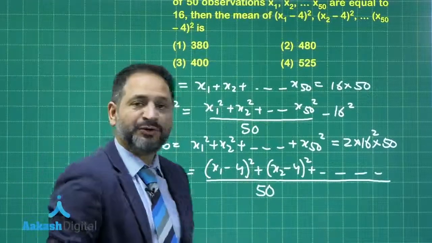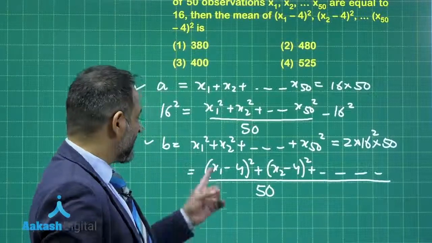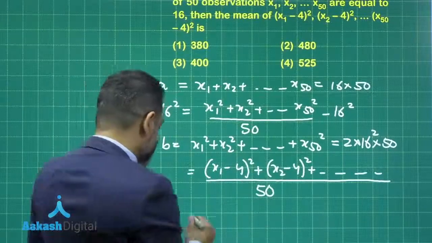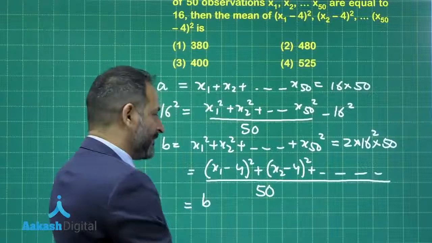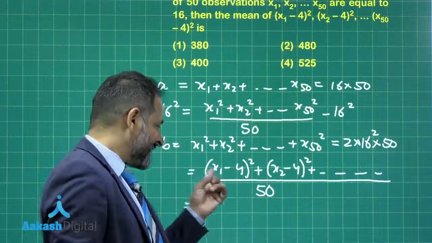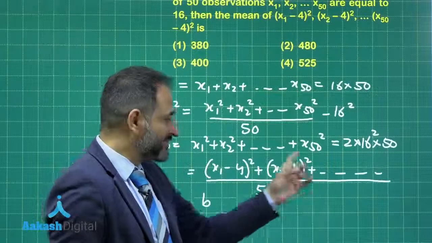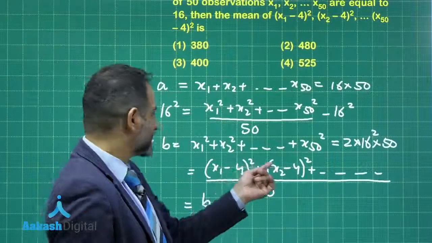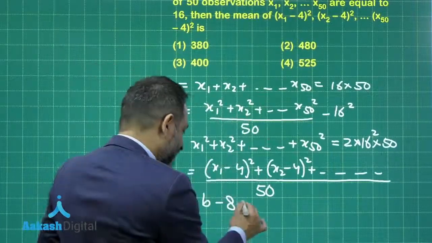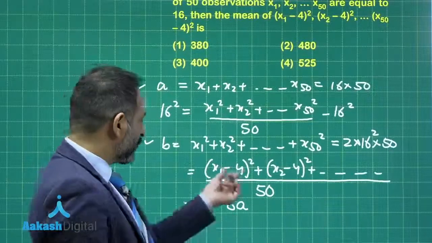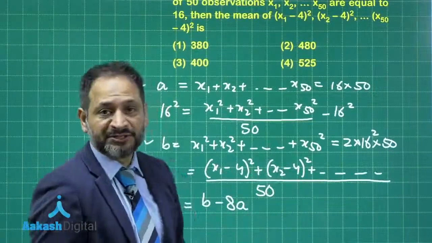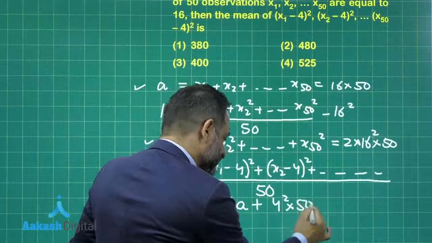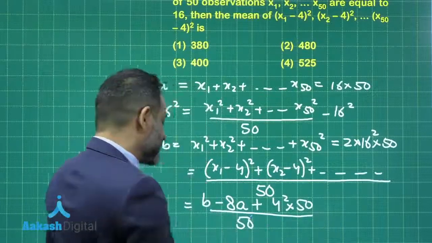If you expand the numerator, you will get x1 square, x2 square, and so on, that is you will get the value of B. And again you will get minus 8x1 minus 8x2 minus 8x3. So taking minus 8 common, it will be the sum of x1, x2, x3, which is actually equal to A. And again one more part, 4 square from the 50 terms that sum up to 4 square into 50. So upon 50, this is what we have to find out.